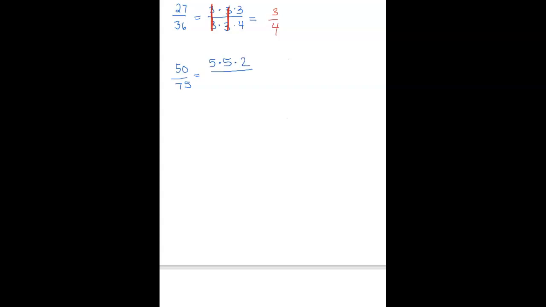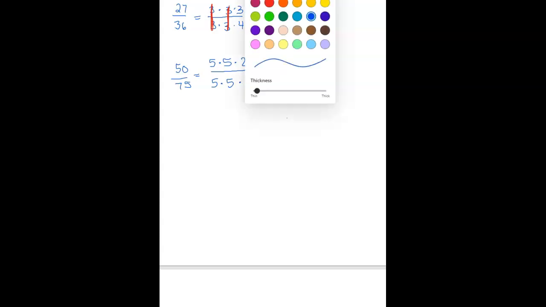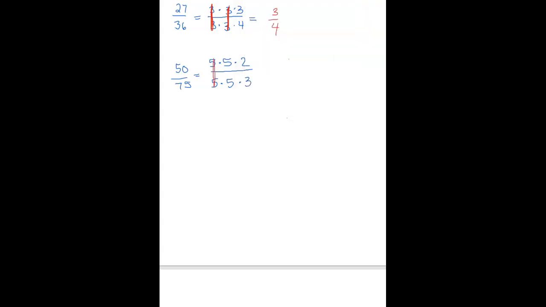And then my 75, again, that's going to be a 5 times 5 times 3, right? And then I'm going to go ahead and cancel. 5 over 5 is a 1. 5 over 5 is a 1. And now I'm left with 2 over 3, and 2/3 is my solution here.